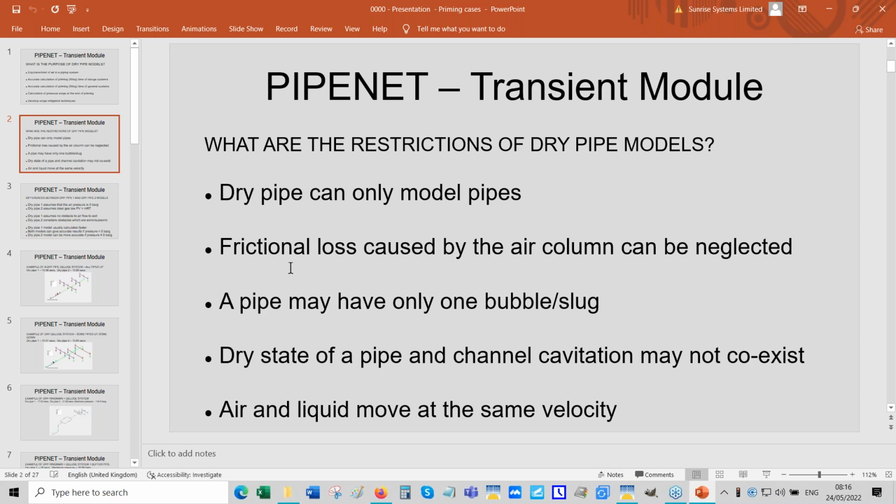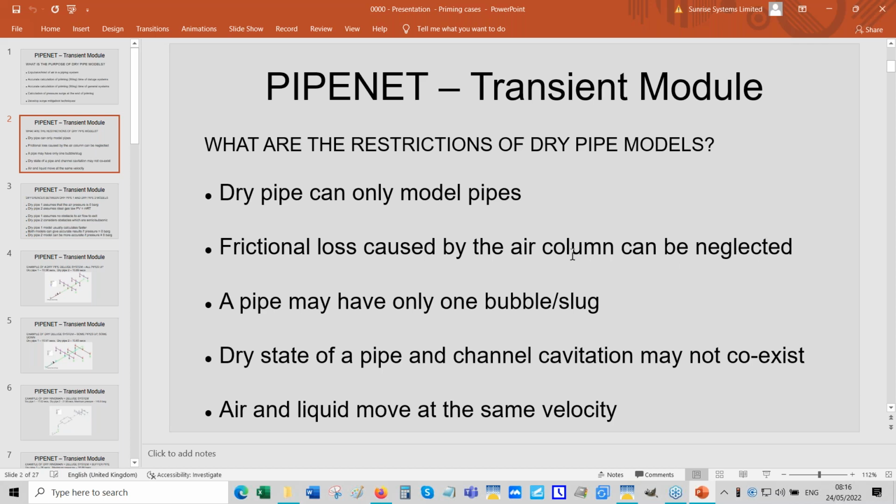Secondly, the friction loss caused by the air column can be neglected. Why is this? Because air, typically in a piping system, has a much higher velocity than a liquid. So with a liquid, perhaps the velocity would be 3 meters per second maximum, whereas for a gas, it could be 20 meters per second or even more.